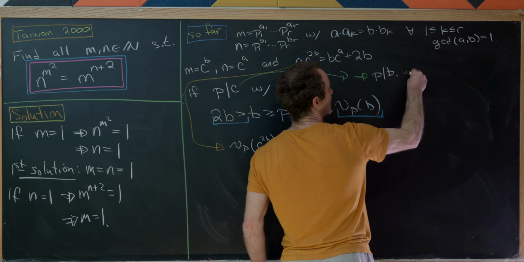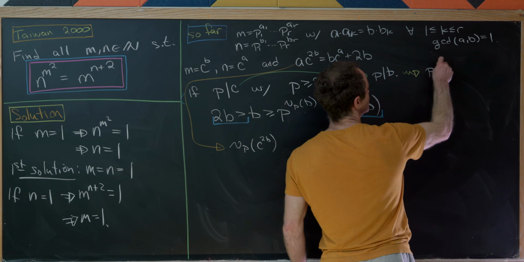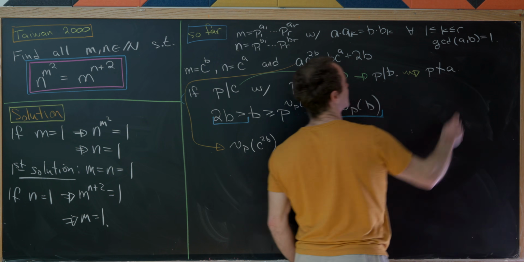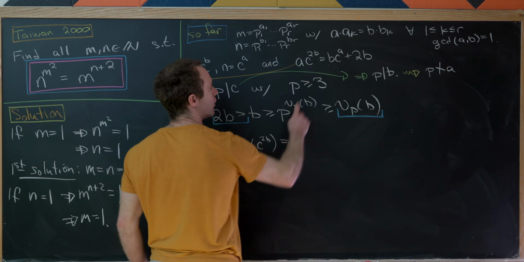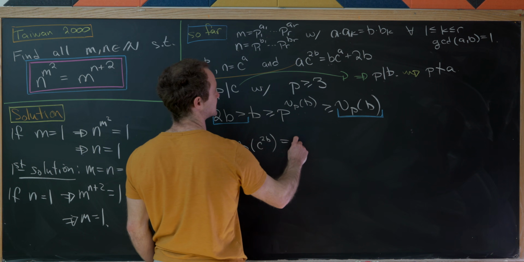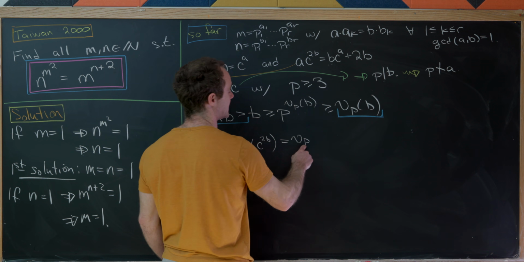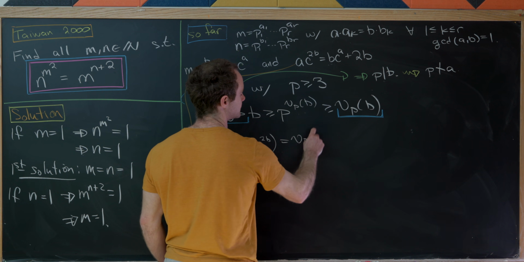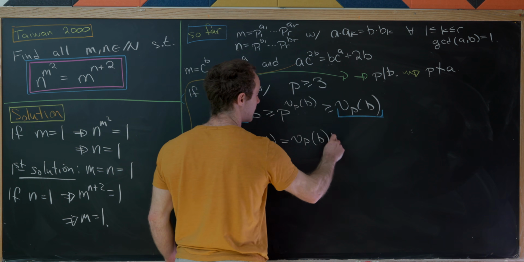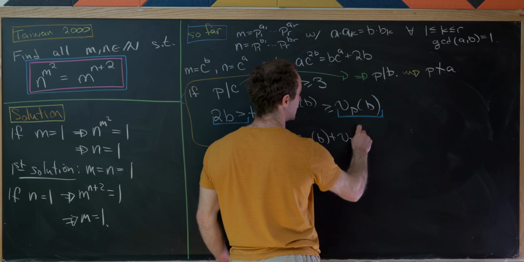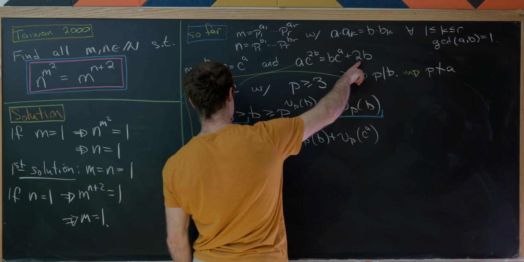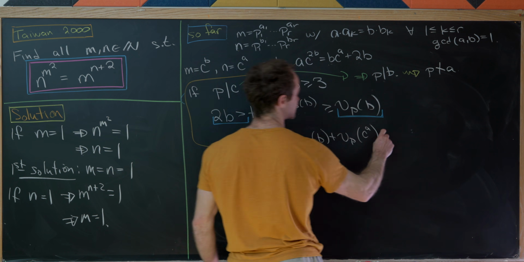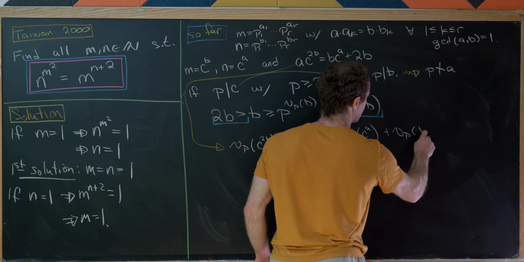That's because a and b are relatively prime, so since p divides b, we know p does not divide a. Then over here we'll have nu p of b plus nu p of c to the a power. And finally over here, since p does not divide 2, we have just nu p of b.